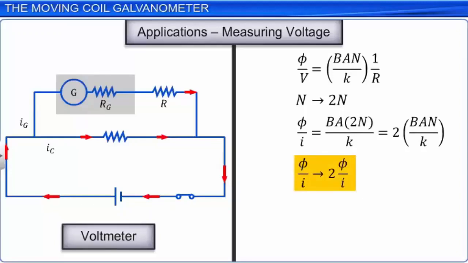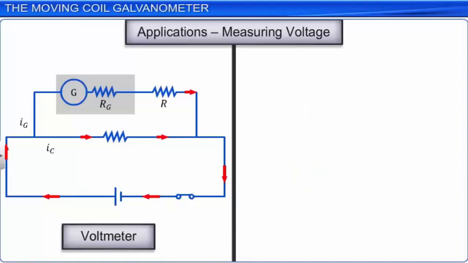We know that the resistance of a wire is directly proportional to its length. As the number of turns in the galvanometer coil is doubled, the length of the wire in the coil is also doubled. Thus, N becomes 2N, which implies L becomes 2L.